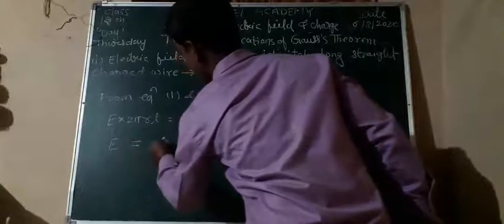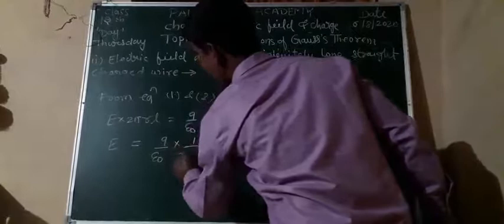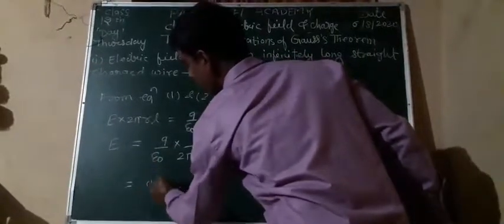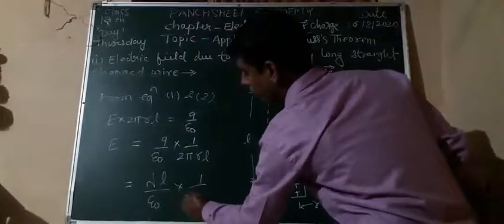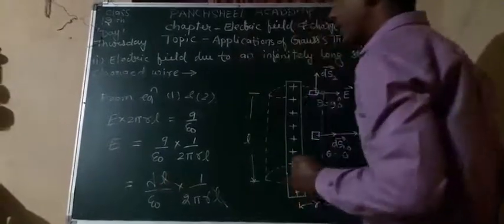So directly E equal to Q upon epsilon naught into 1 upon 2 pi RL. So what is Q? Q is lambda into L upon epsilon naught into 1 upon 2 pi RL. So L cancels here.